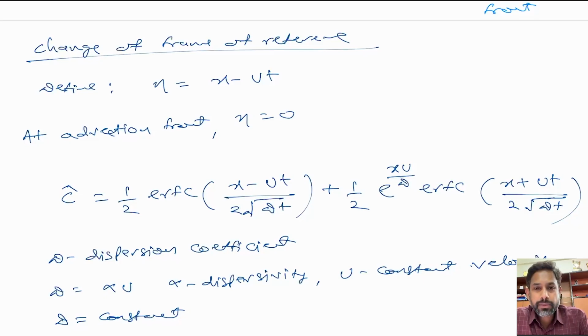Okay, so this is the concentration profile you get for different values of x and t, and this is by assuming eta equal to x minus ut.